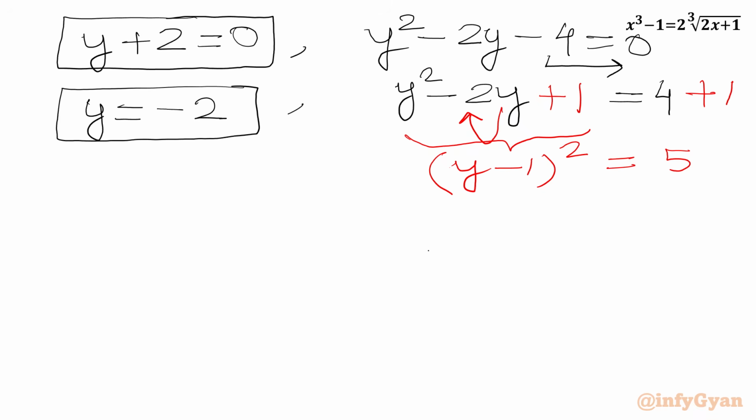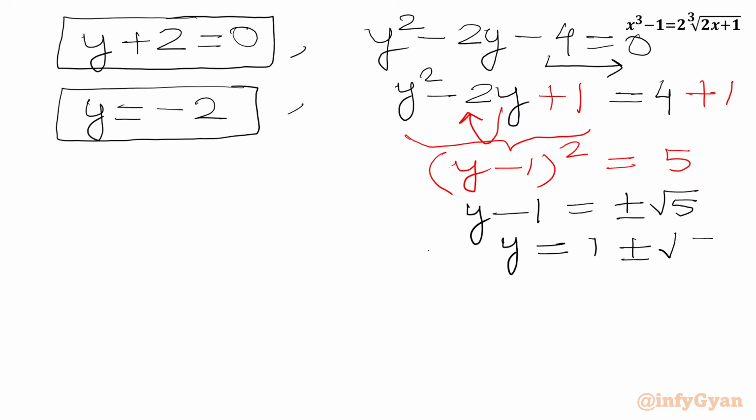Now we'll take the square root on both sides and write y minus 1 equal to plus minus square root 5. Now we have to add 1 to both sides. We will get 1 plus minus square root 5. So we have three y values.